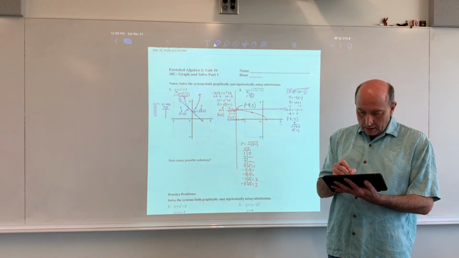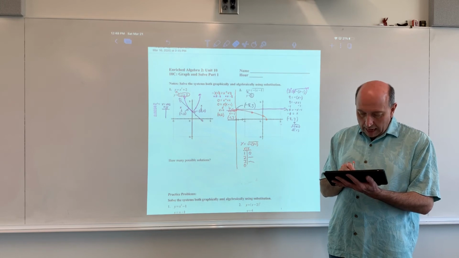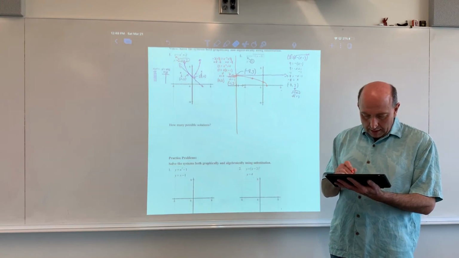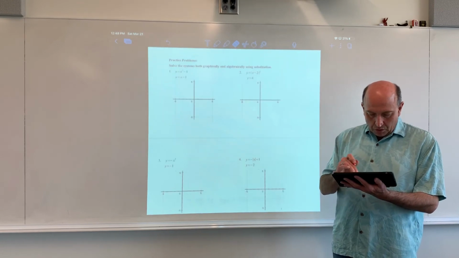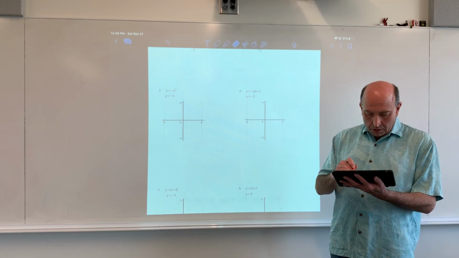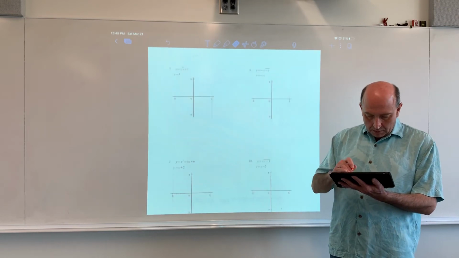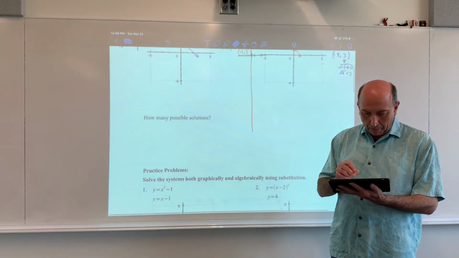Okay, the next one. How many possible solutions? Well, it depends. Okay, so you've got square roots, absolute values, and parabolas. Okay, so let's think about this.